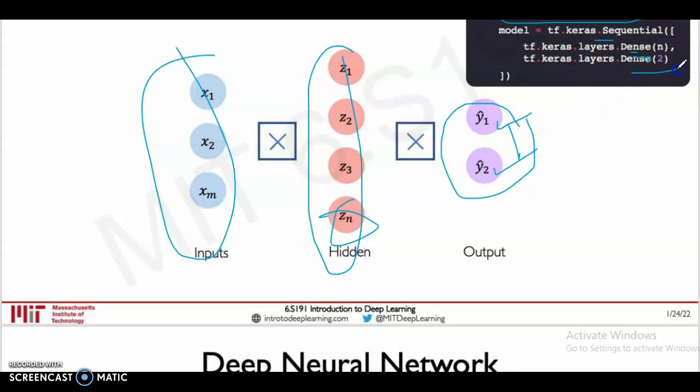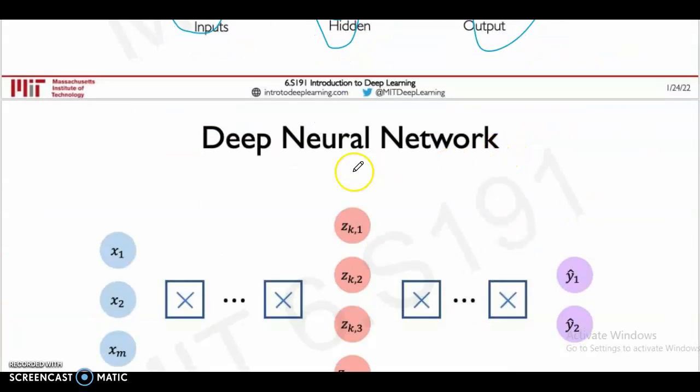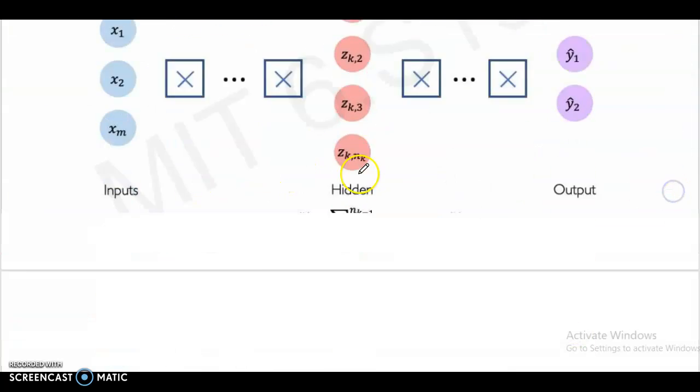Then Dense 2. This one also is hidden, and this one is the output. This is a deep neural network.